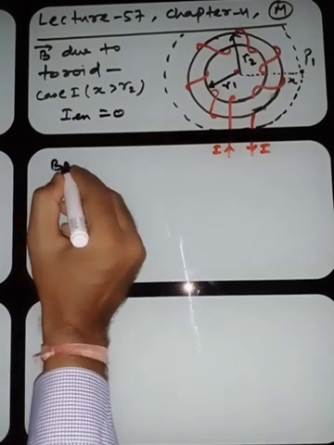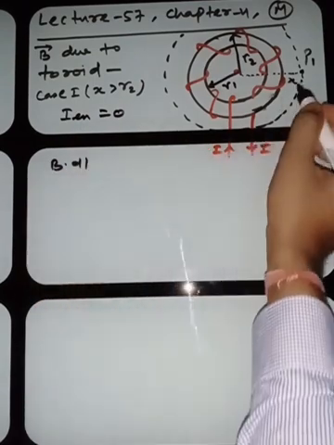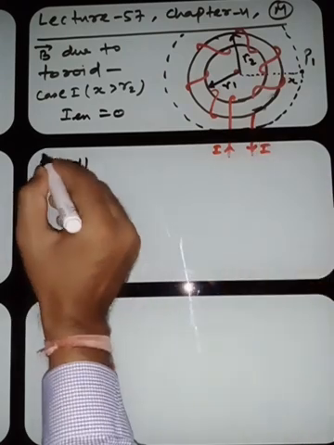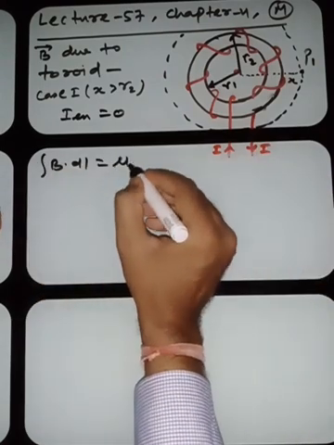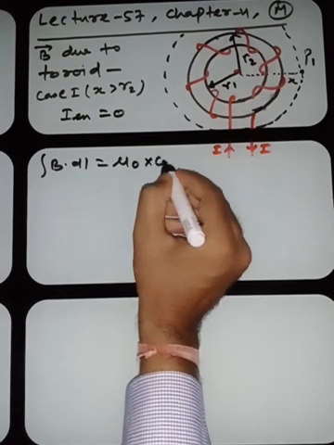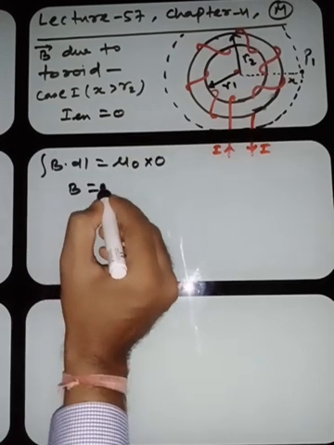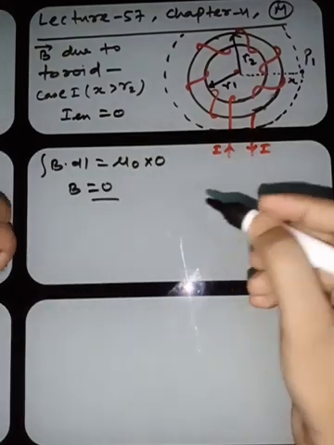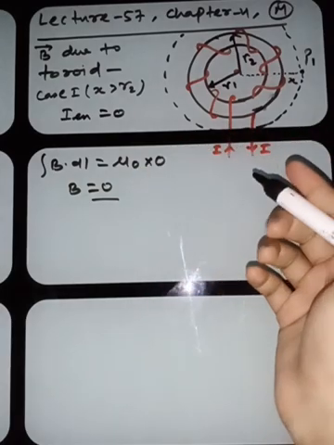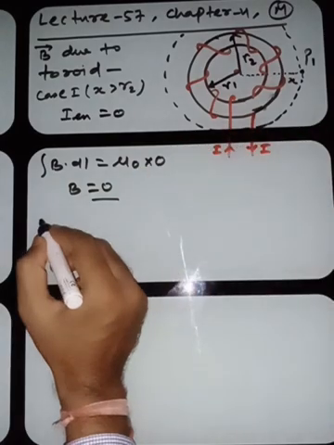Of course, B dot dl equals mu naught times I net, which is 0. So B will be 0. For the toroid, the magnetic field outside the space of the toroid becomes 0.